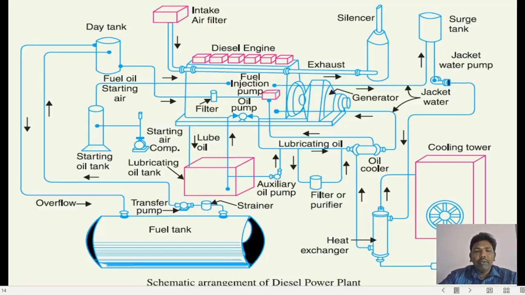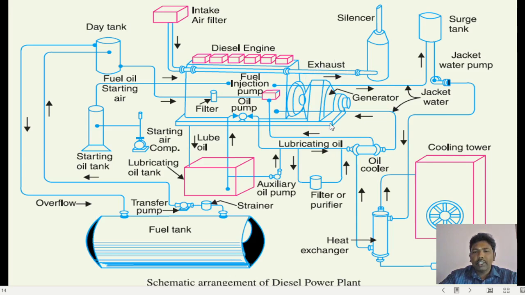When you look into the diagram, you can see this diagram consists of so many parts, but let me divide all these parts into 4 or 5 systems. It will be easy for you to relate the topics. Now, just look at this portion. This is your generator. I am just showing you with the help of a cursor.